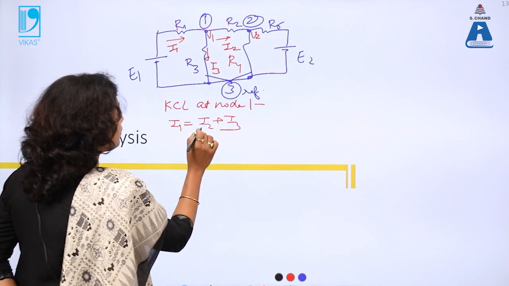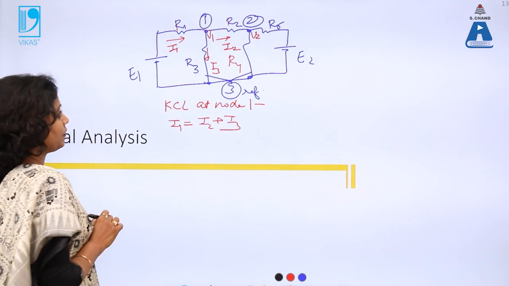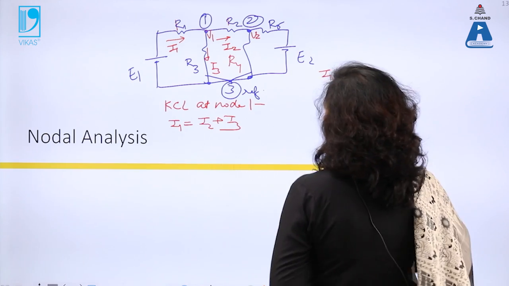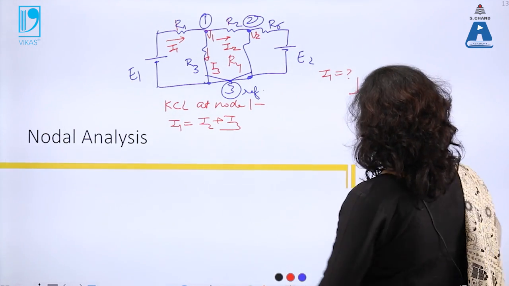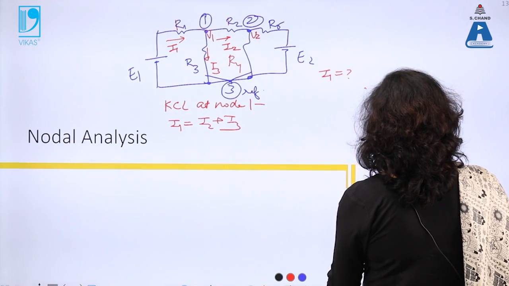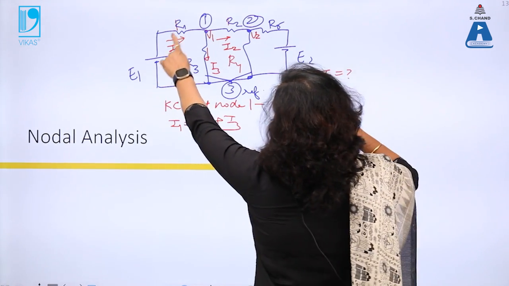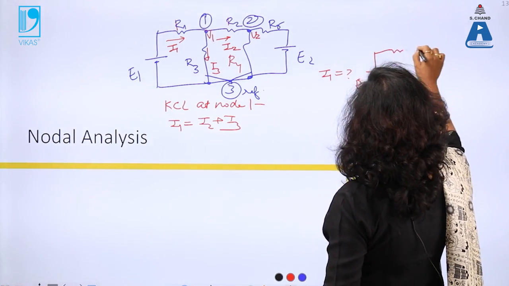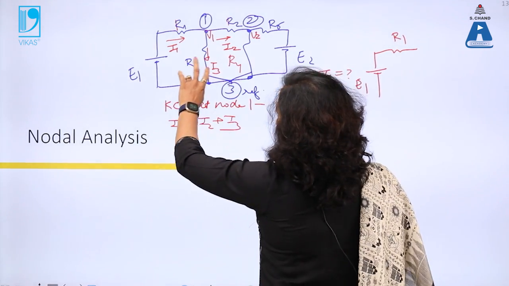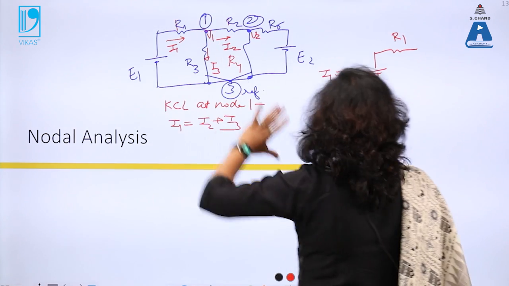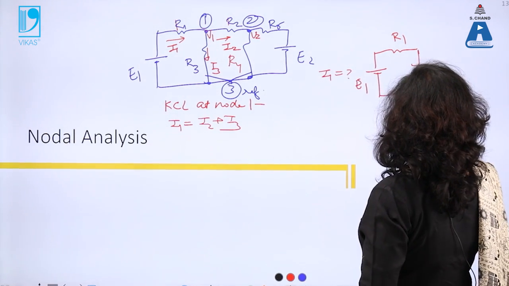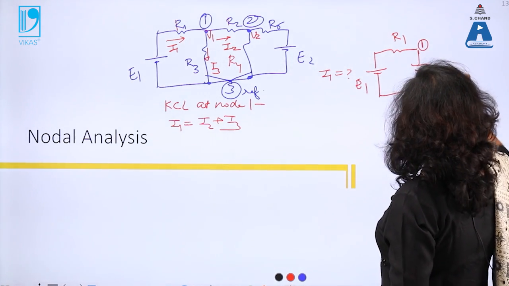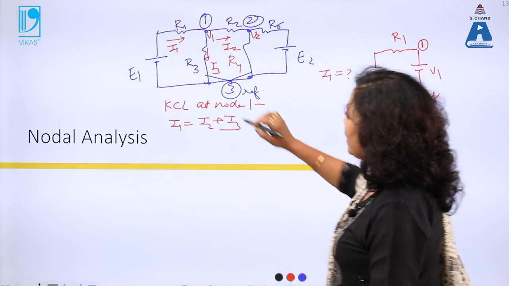Now I have to put the values of I1, I2, I3 using Kirchhoff law. Let me take I1 first. For I1, my circuit will be like this. I will start with E1, then R1. Now in place of R3 and I3, I can use V1, because I assumed V1 is the voltage with respect to the reference. That was my reference and that was point 1. So now this is V1. Why can I not take I3 and R3?